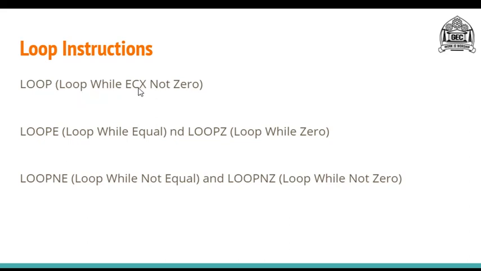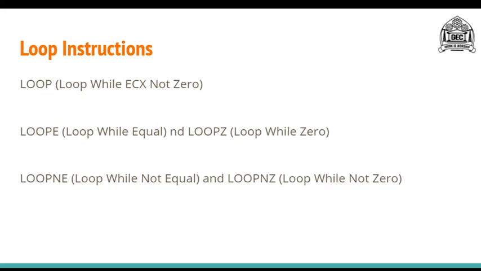This is loop while ECX is not equal to 0. The loop instruction always saves the counter, that is the number of times the loop has to be executed, in the ECX register. And these three variants depend on the content of the ECX register.